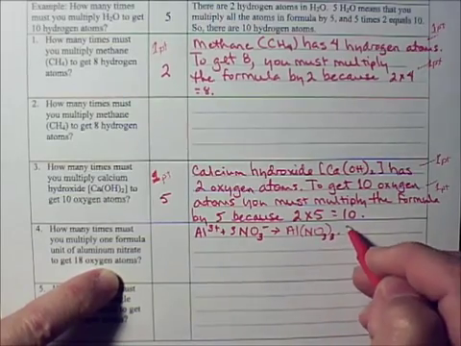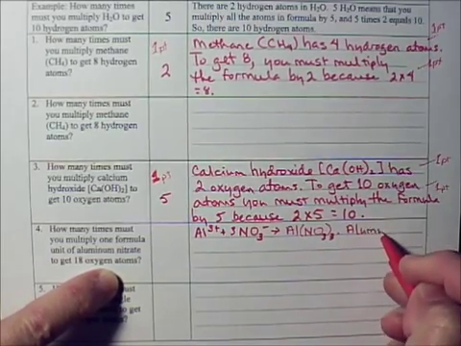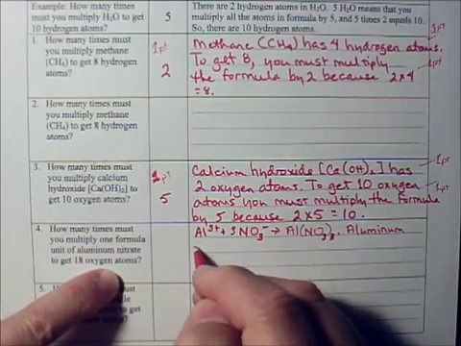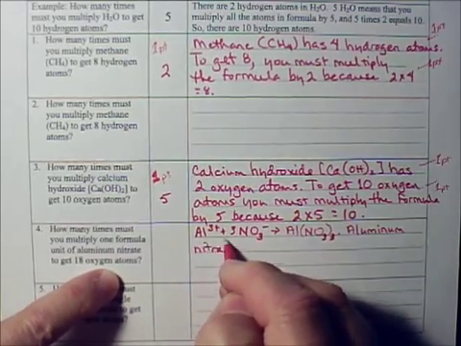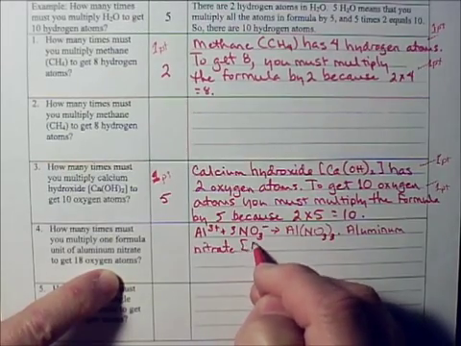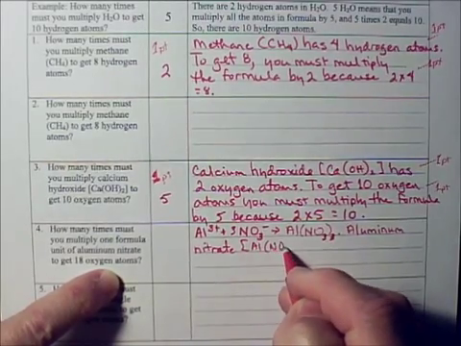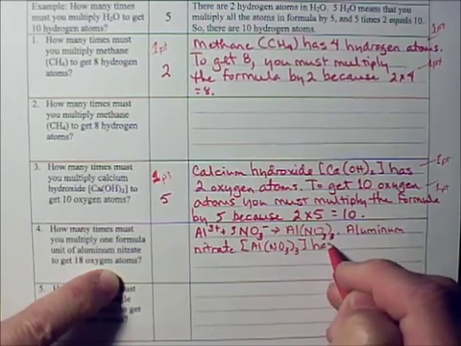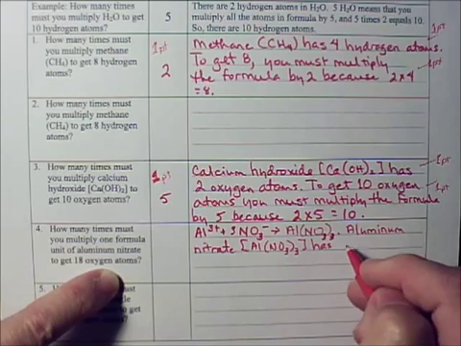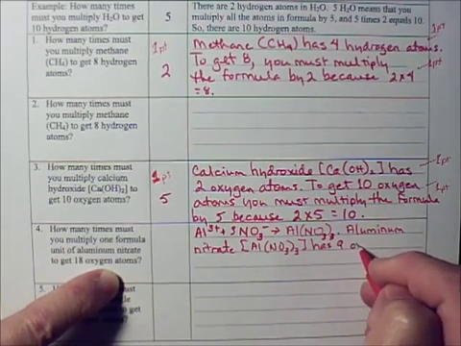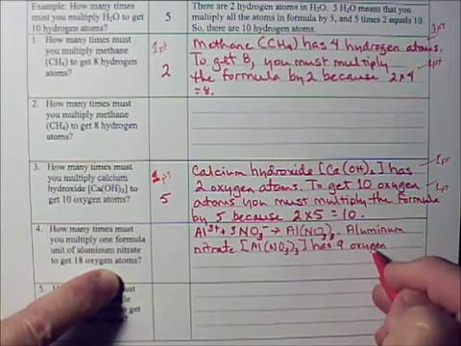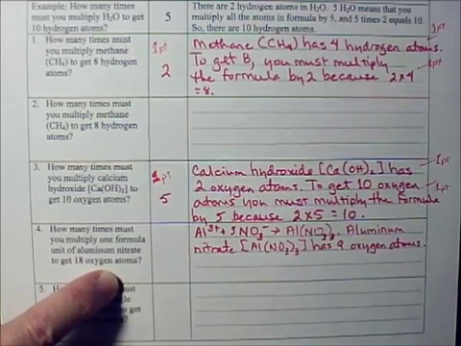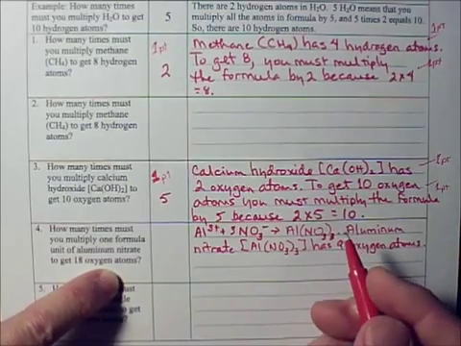So this is how we know, this is how we show that aluminum nitrate has 9 oxygen atoms.